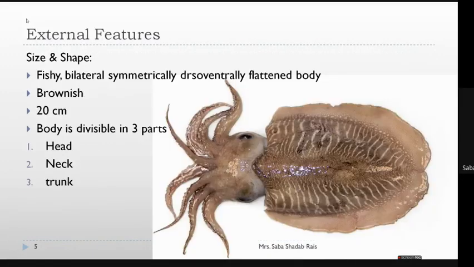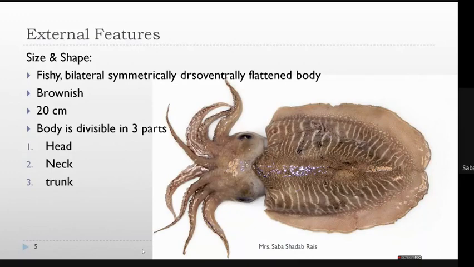We will talk about its external features. Now, when you see the sepia, see, this color is called the sepia color. When we talk about their external features, you can clearly observe that the body is divided into head, neck, and trunk, right?